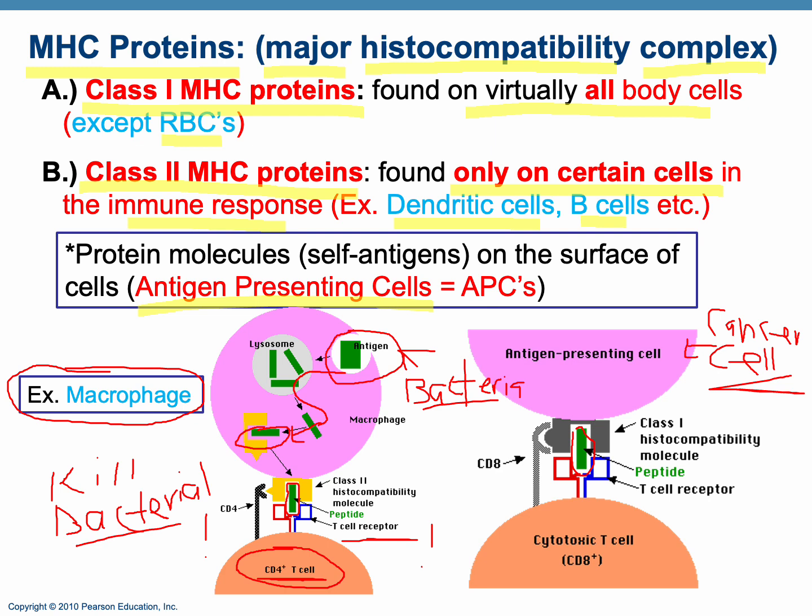But then along comes your CD8 cell, which can become a cytotoxic T cell, and it has a T cell receptor site. It's able to go ahead and dock onto where the peptide fragment is. Based off of that interaction, the CD8 cell knows now that, oh, I need to kill cancer cells.